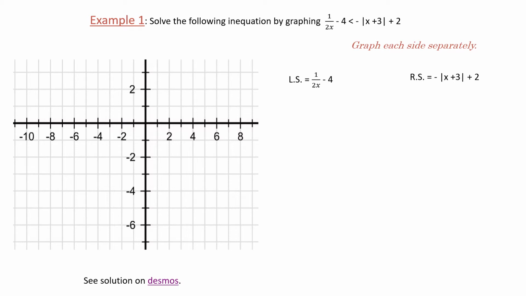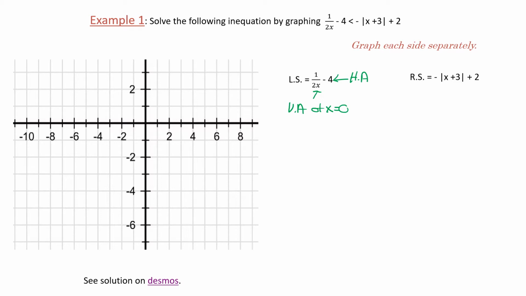Let's start on the left. When we look at this equation, the 2 on the denominator tells us we're going to have a horizontal compression. Of course, we have a vertical asymptote at x equals 0. This number, if you recall from that unit, tells us we have a horizontal asymptote in that format that it's written, at -4.